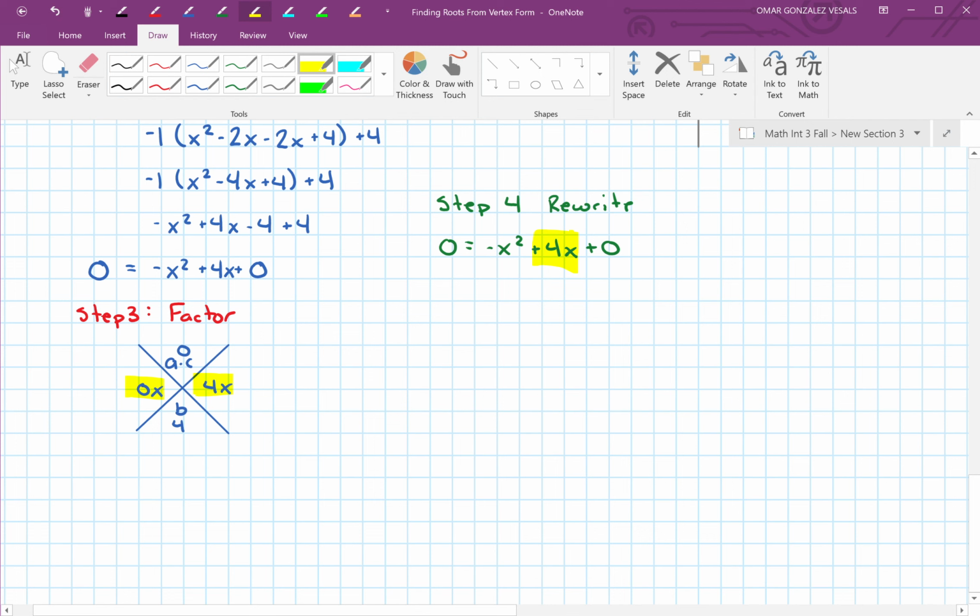So 0x plus 4x is what? 4x, right? So I have to rewrite this guy using these two factors in it. So this is going to be negative x squared, and then I'm going to use these guys to rewrite the 4x. Okay? Let me show you guys.